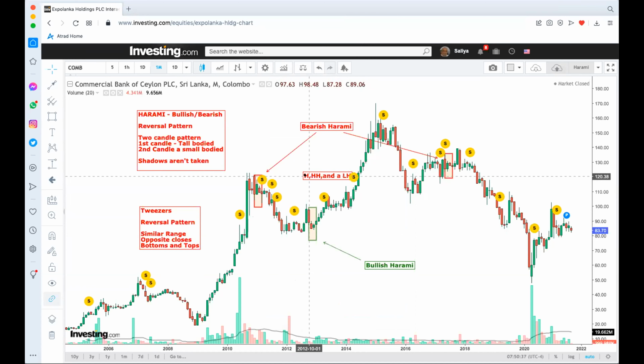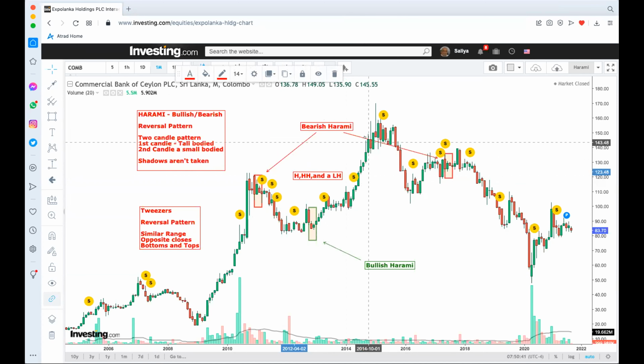High, higher high, and a lower high. You have a high here. You have a higher high here. Then you have a lower high here. Again, just like that, you have a high here, a higher high here, a lower high here. So both these are swing highs.